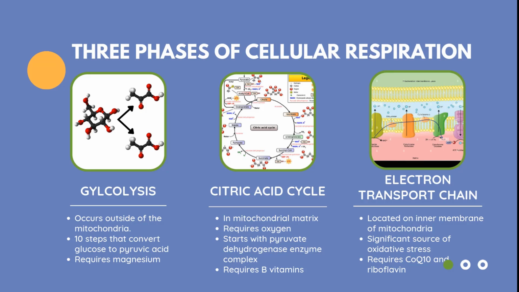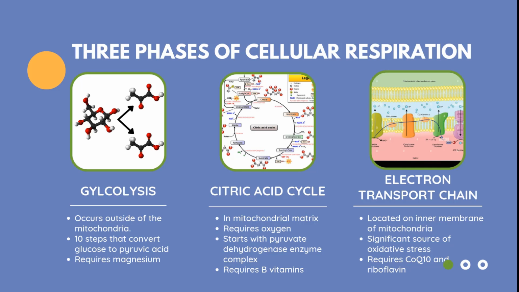In that little image, you see a molecule of glucose, if you can picture that ring structure again. Glucose is divided through a 10-step process into two molecules of what's called pyruvate. I want you to remember that, because pyruvate, or pyruvic acid, is going to be very important. I'm going to mention it a few times. And this step requires magnesium. I'll show you that in a couple of slides.